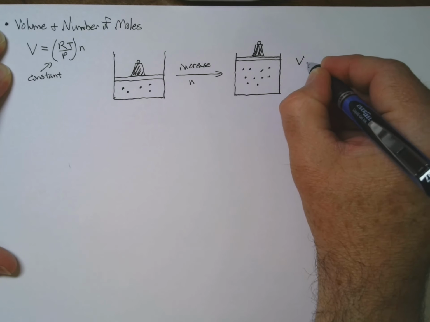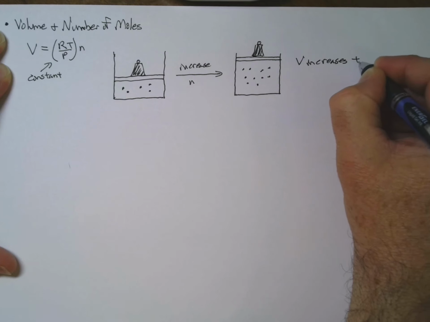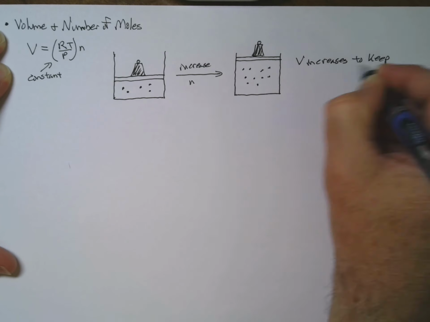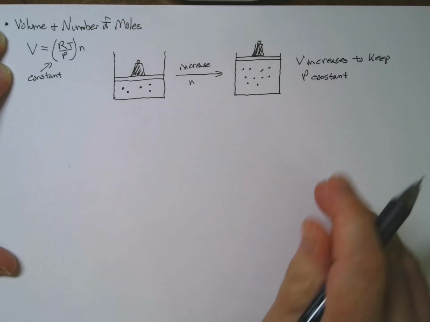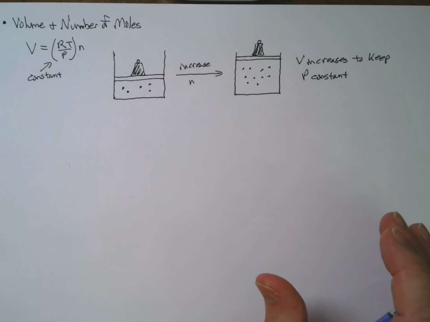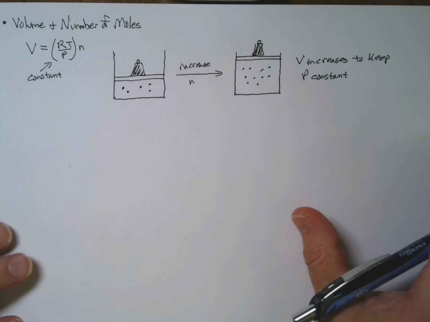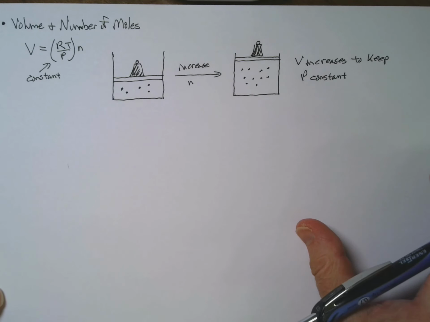So again, volume increases to keep pressure constant. So it makes sense that with more particles you have more collisions. So pressure has to increase unless the volume increases.